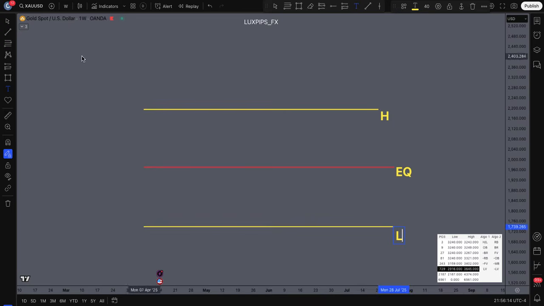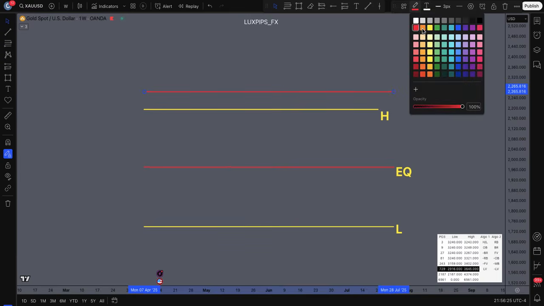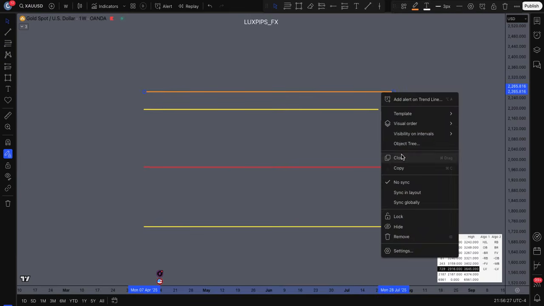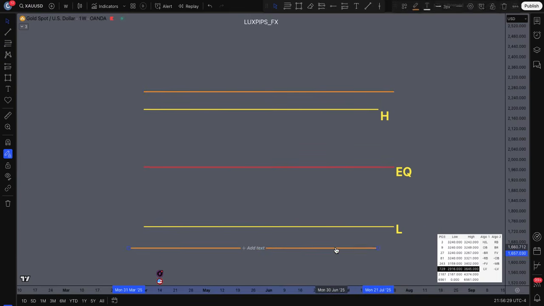This is your low. And then at the high, you have an extension. Make that orange. So this is the Goldbach high extension right here, and the Goldbach low extension right here.